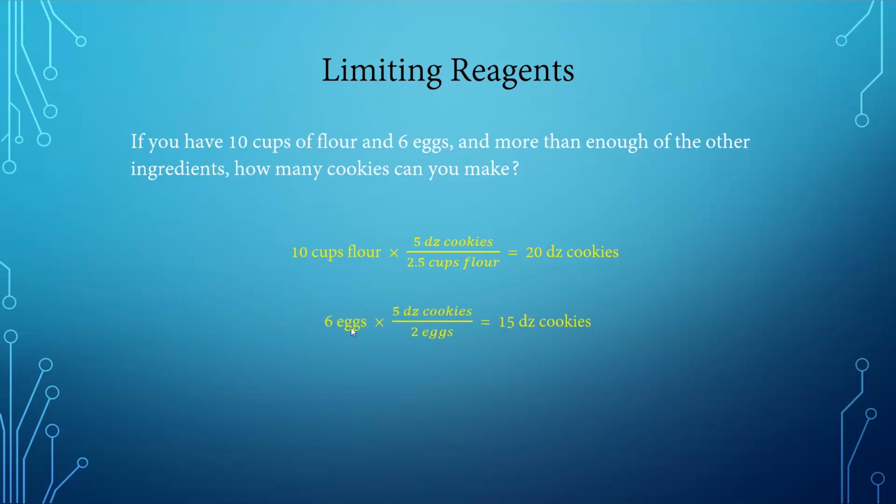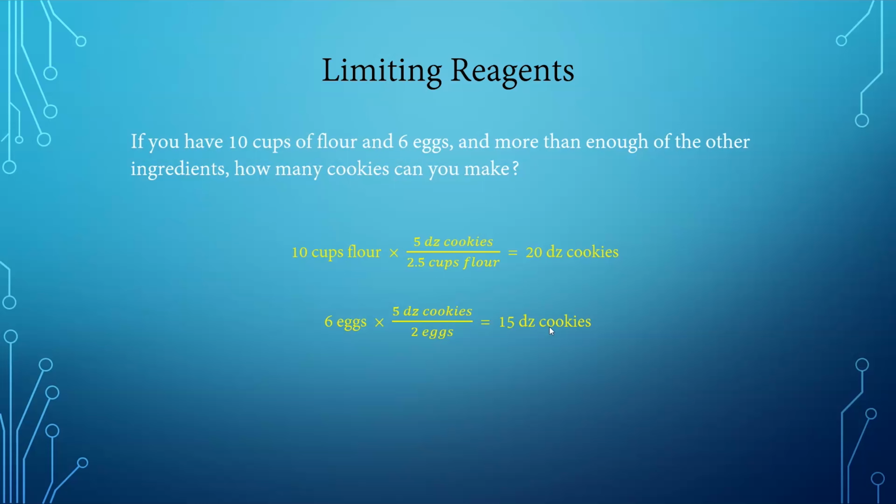Well, from 6 eggs, if we convert that to cookies, it comes out to be only 15 dozen cookies. What that tells us is, as soon as we reach 15 dozen cookies, we've run out of eggs. Even though we still have enough flour to keep going, there aren't enough eggs, and so we're done making cookies at 15 dozen.